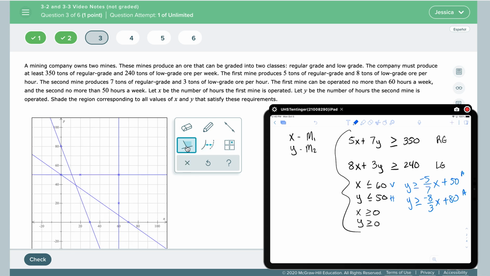And then I am adding a line at the x-axis and the y-axis. Okay, so we have a lot going on in this graph. So we have to be below my horizontal line, to the left of the vertical line, and then we are going to need to be above each of our diagonal lines. So that means that my shading is going to end up in this little spot right here.